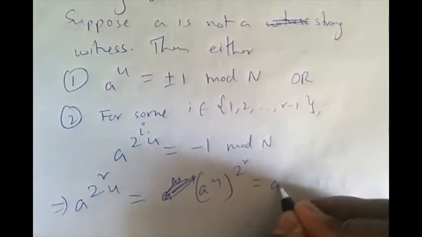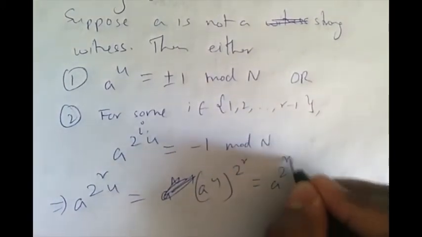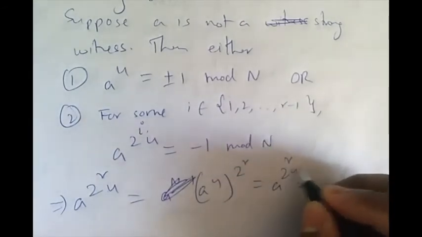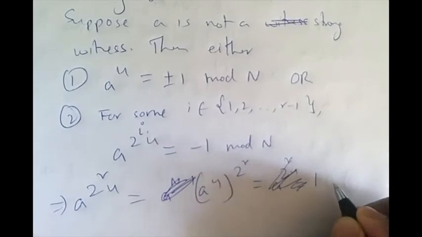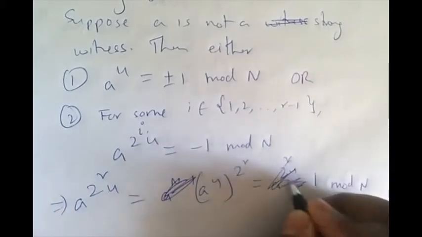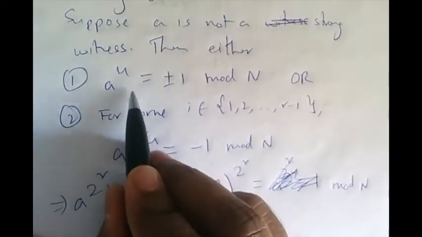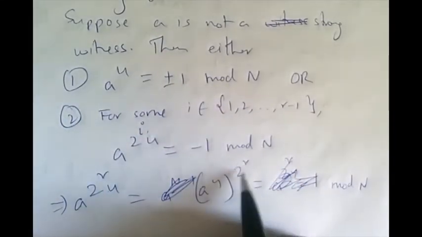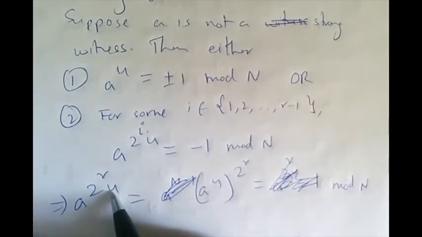So this is equal to 1 mod n, right? Because if this is true, it's either plus or minus 1, and we said r is greater than or equal to 1. So a raised to 2 raised to u.